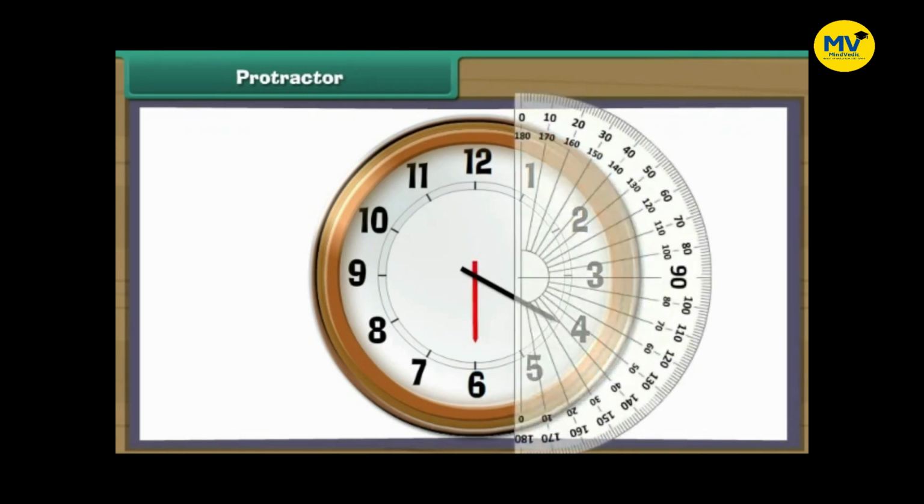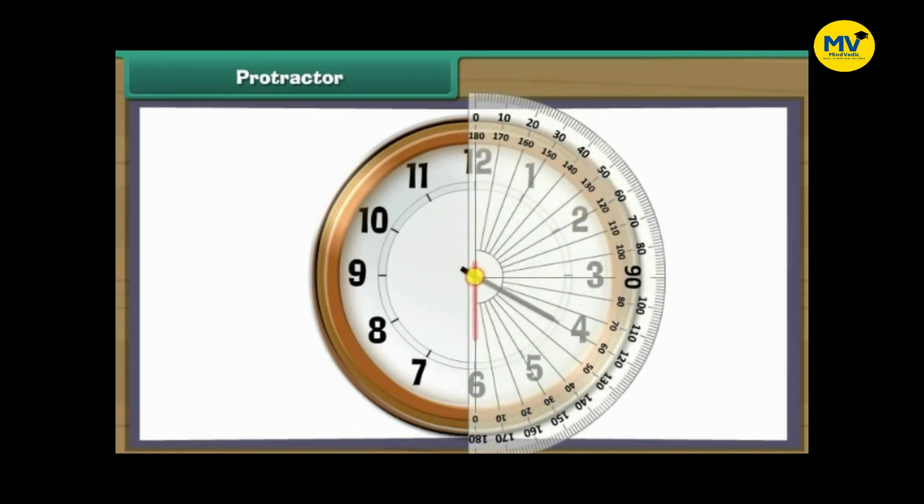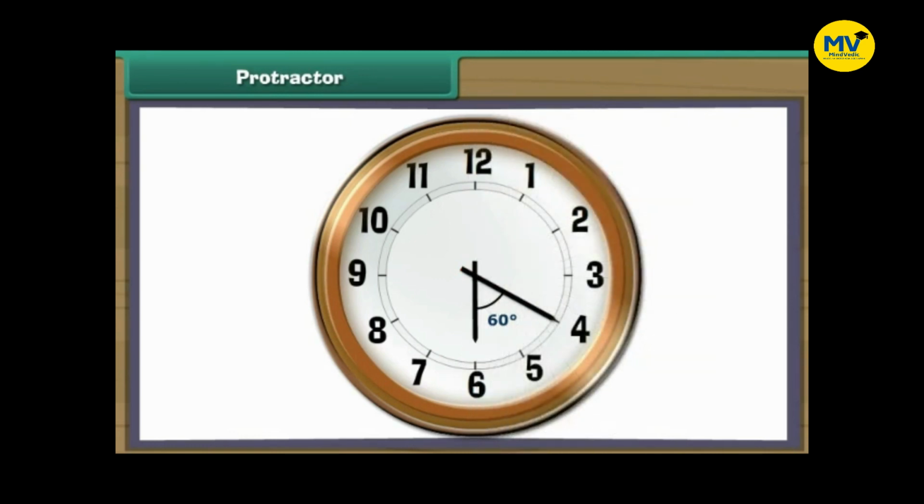Place the protractor on the short hand of the clock. Read the inner marking of the protractor on which the long hand rests. It is 60 degrees. Therefore, the time 20 past 6 makes an acute angle.